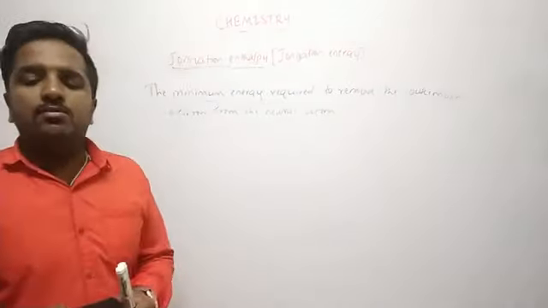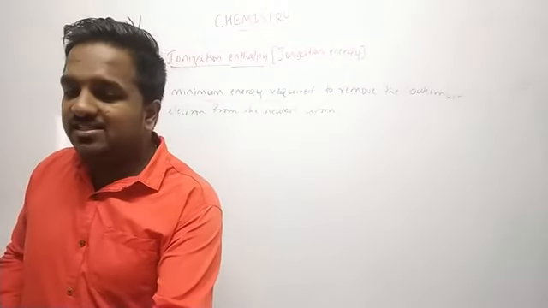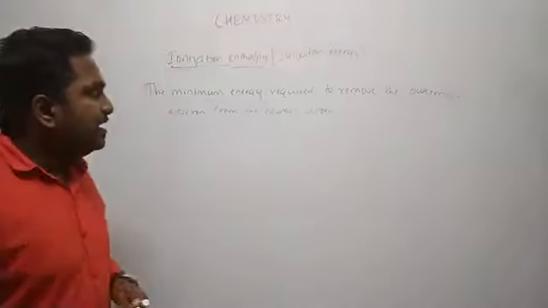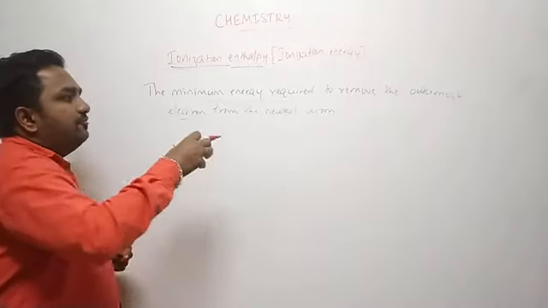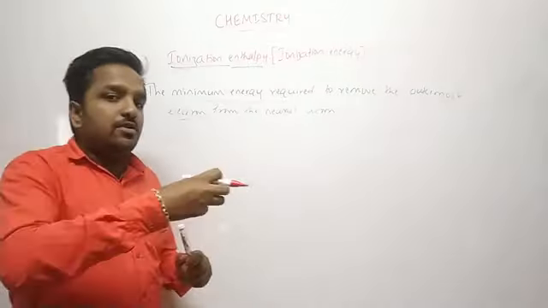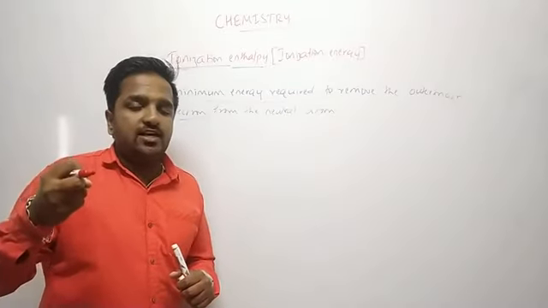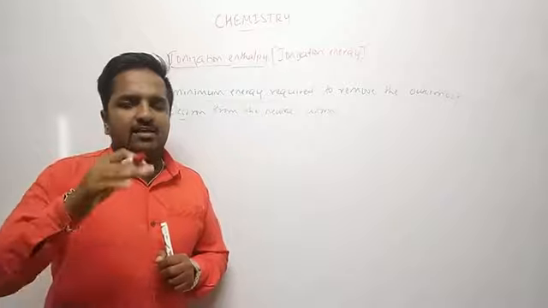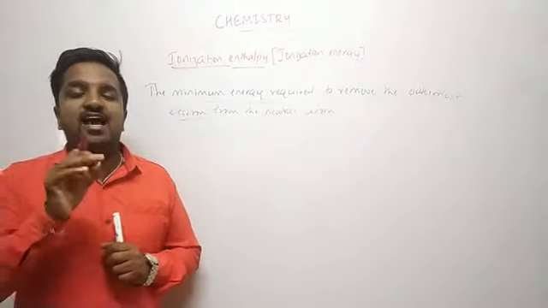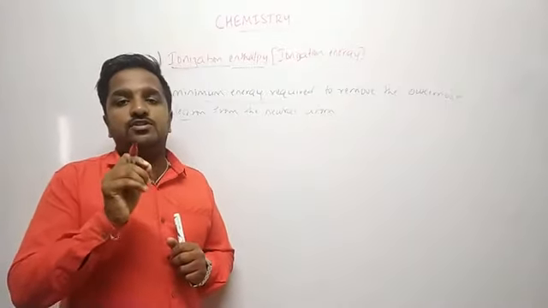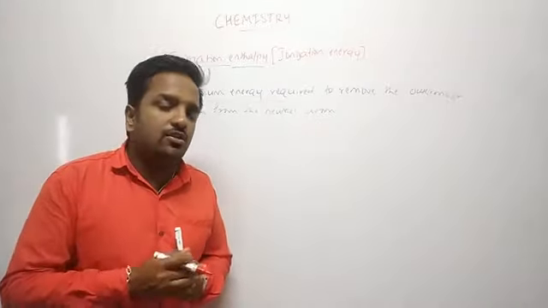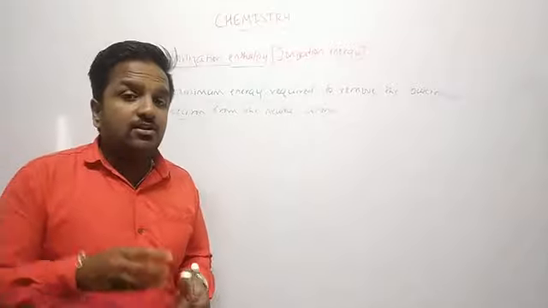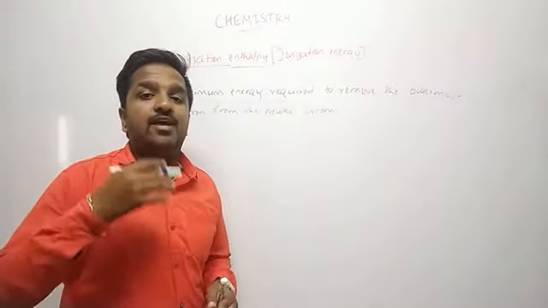Now we have the second ionization energy and third ionization energy. The minimum energy required to remove the first electron we call ionization enthalpy. Now let us assume that an atom has lost an electron. That means it has become a monopositive ion. Now if we have to remove the second electron, the ionization enthalpy will be high.